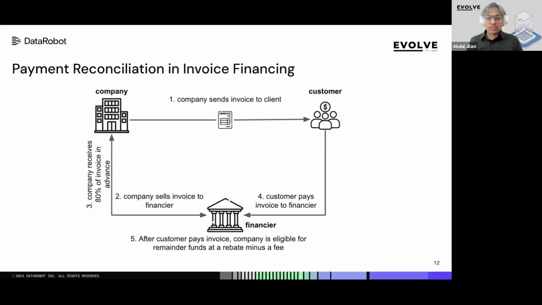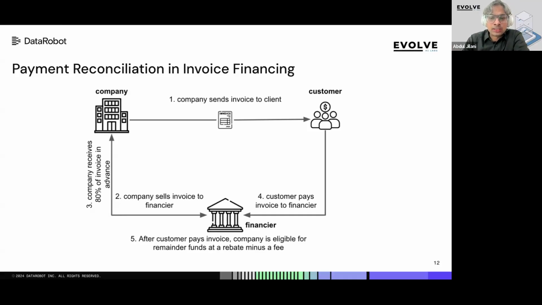And because DataRobot is a large organization, they have their own pay cycles or disbursement cycles, which would be towards, let's say, the 25th of the month. That is when their whole process runs, and then they pay the invoice on that day. So the company would have to wait for 25 days for their invoice to be paid.